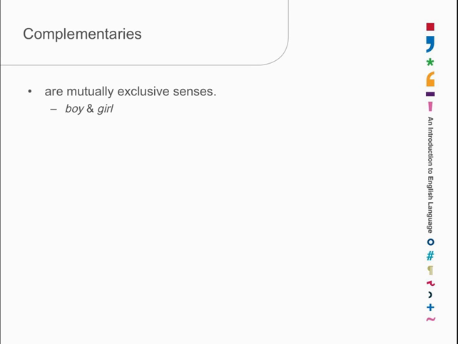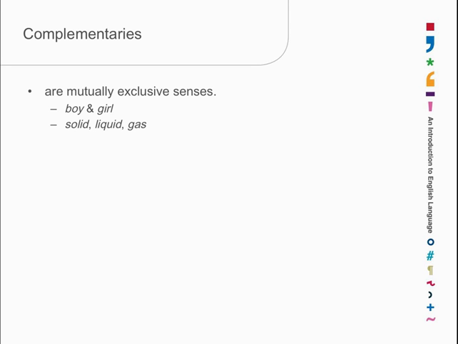And if they're a girl, it follows that they're not a boy. That's pretty much the same as antonyms, but there's nothing in between. If we're talking about young people, then if someone is not a boy, then they must be a girl, and if they're not a girl, then they must be a boy. So we have those negatives working both ways.